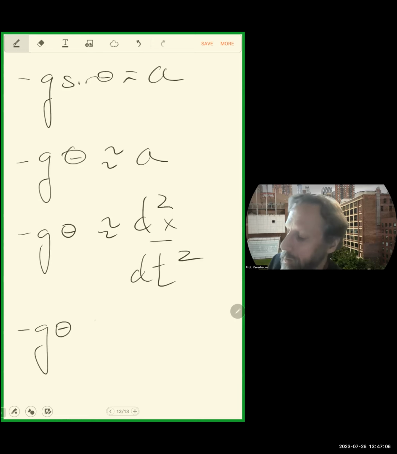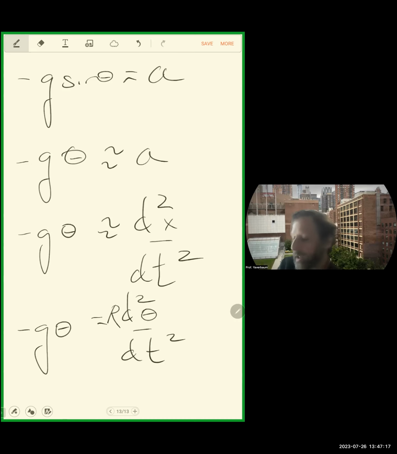I'm going fast here. Okay. This is the thing we just did on the other page, that x equals r times theta by definition of theta. And what is r in this case? What's the radius of the circle? It's the length of the string. So we have this.